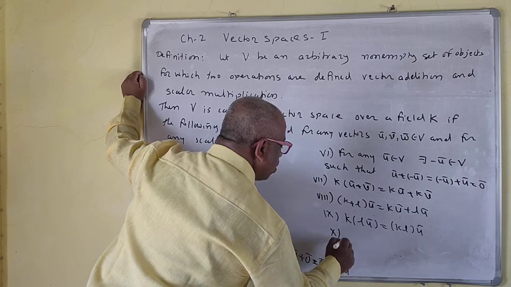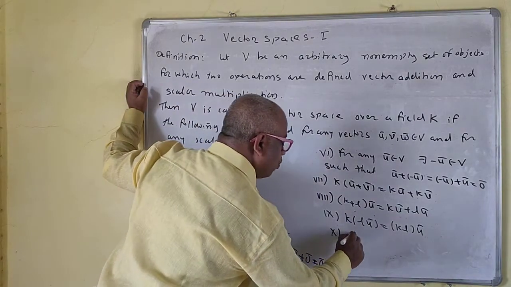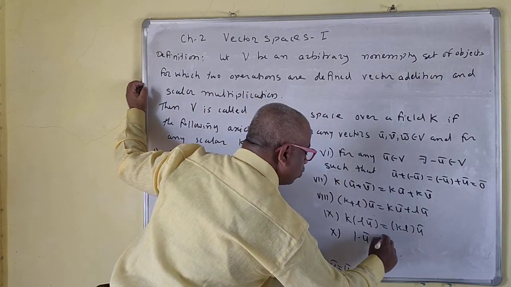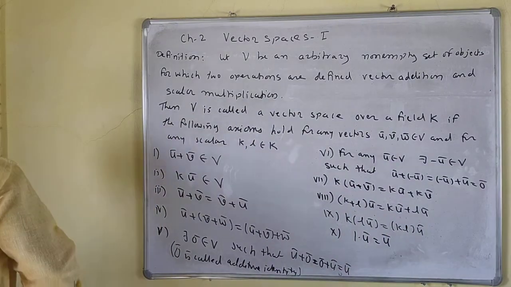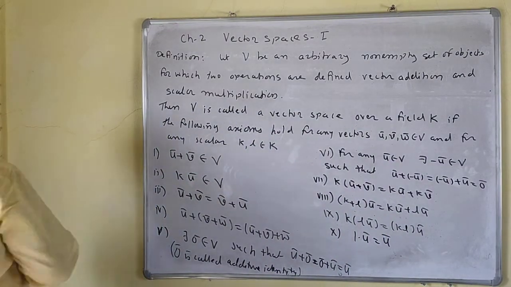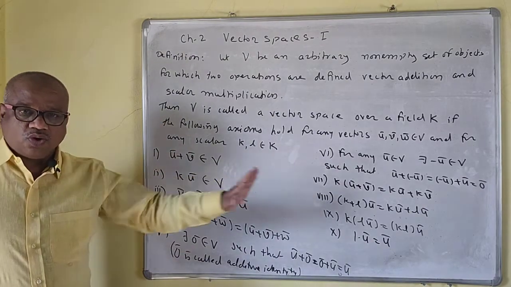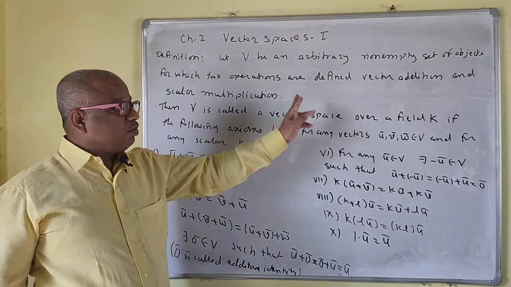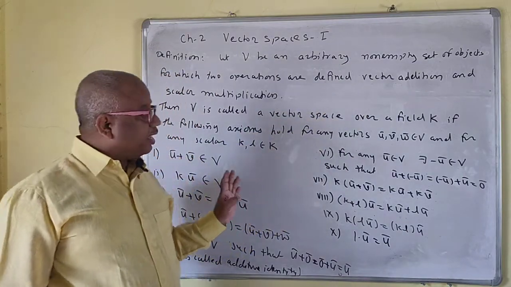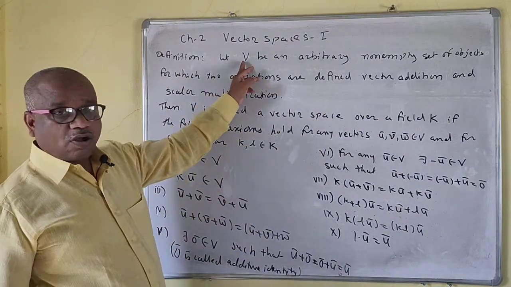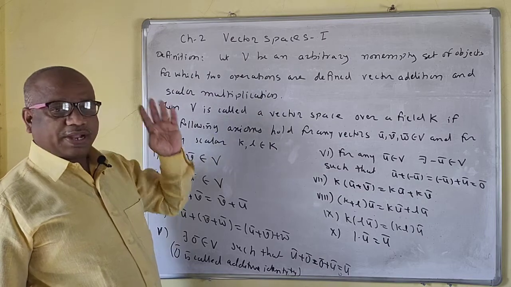And this is very important, the last one: 1 into u bar is equal to u bar. If all these 10 axioms hold with respect to vector addition and scalar multiplication, then the set of vectors is called a vector space.